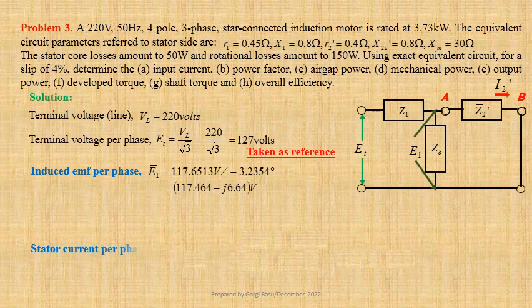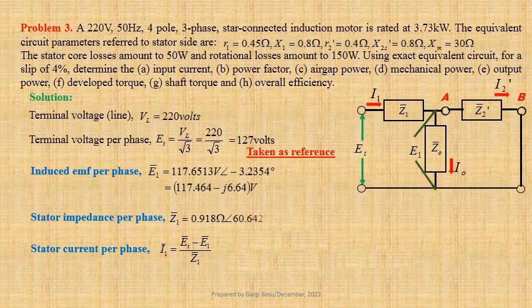Stator current per phase I1 equals ET minus E1 divided by Z1. We have determined stator impedance per phase Z1 equals 0.918 ohm at an angle 60.642 degree.